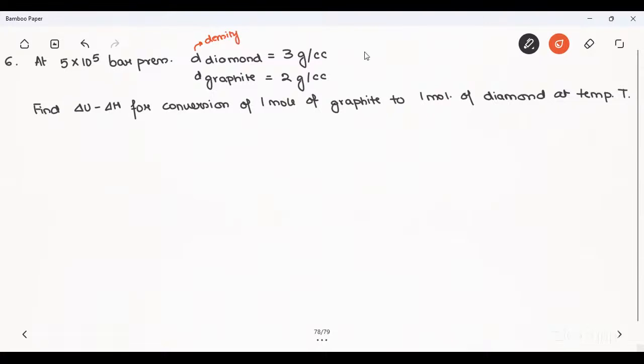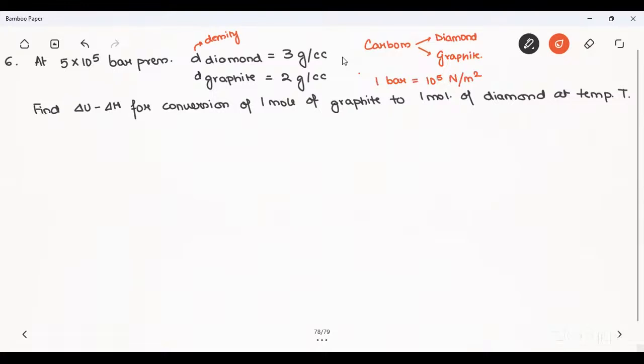Do you know we get diamond and graphite both from carbon? Yes, ma'am. These are the two forms of carbon only, diamond and graphite. And one thing I guess you don't know, 1 bar is 10 to the power 5 Newton per meter square.